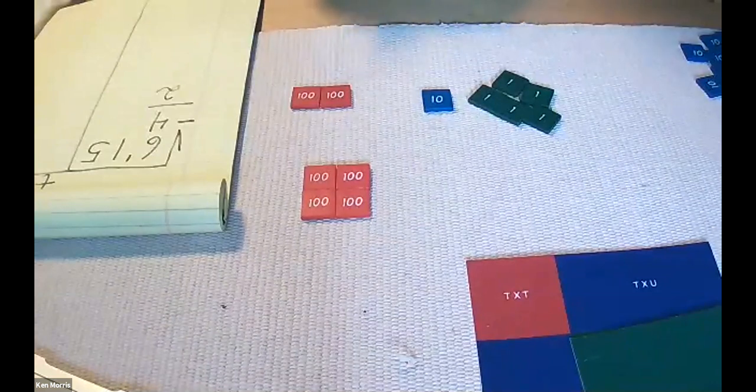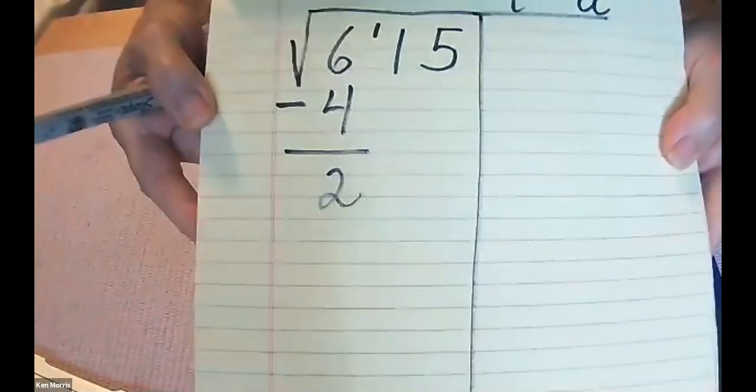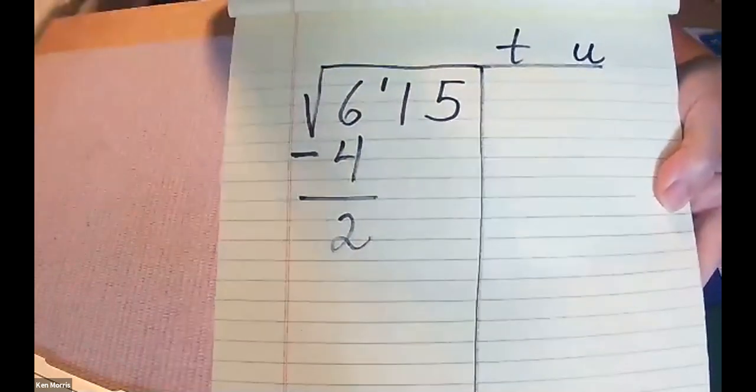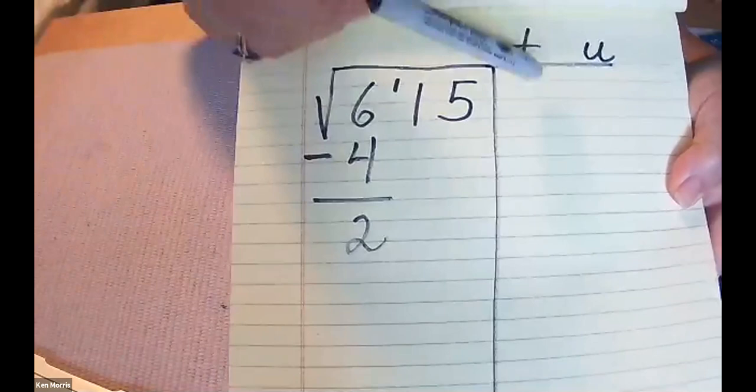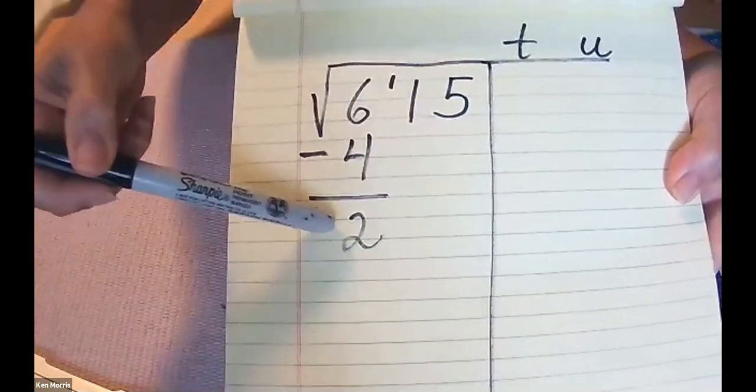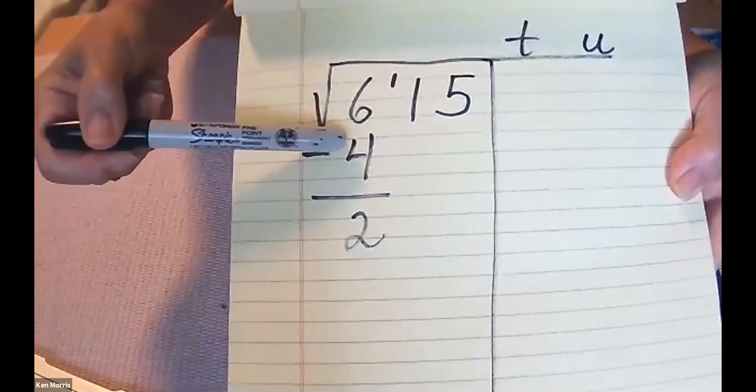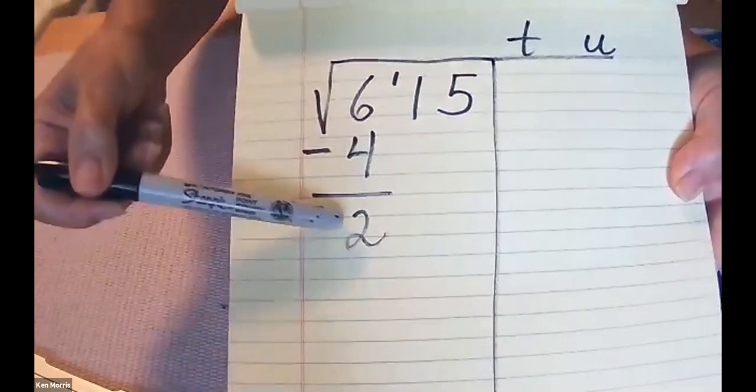I now can write my answer to the tens place because I know that it's going to be 2 tens. I know that from here because we have 4. The square root of 4 is 2.